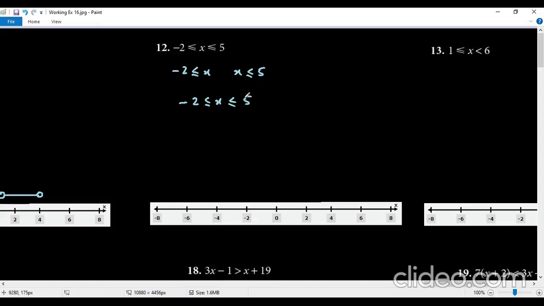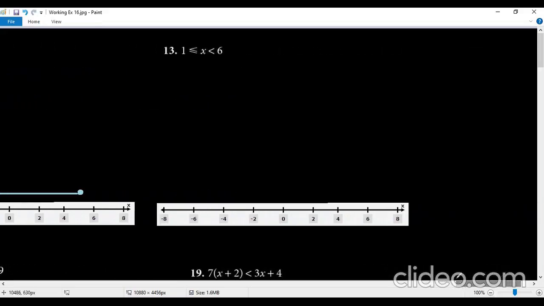So both are fine. In here, you take negative 2 and 0. Negative 2 is over here, and positive 5 is over here. So in here, both the circles are going to be filled because you're talking about less than or equal to. This is going to be your final answer.